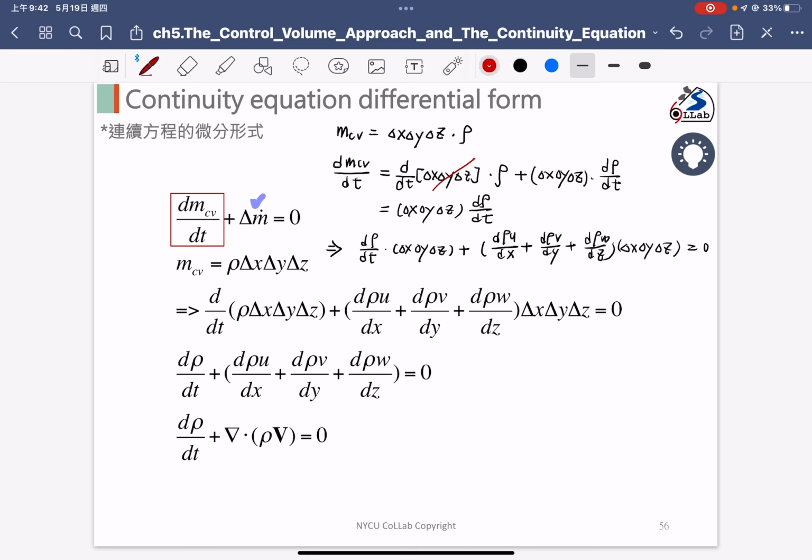So we can cancel out all of the cubic volumes here, and we rewrite the final continuity equation in differential form.